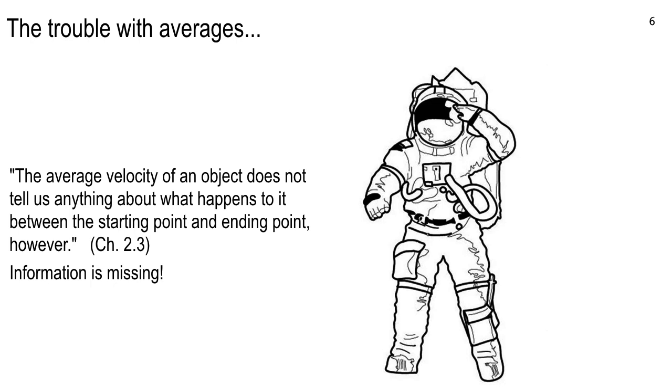And it also doesn't tell you that the hare took some naps, for Cheetos and stuff. Had a little Dunkin' Donuts break or whatever. So the average speed is good, it's helpful, it's nice, but it doesn't tell you everything. But what does tell you everything, almost, is a velocity graph.